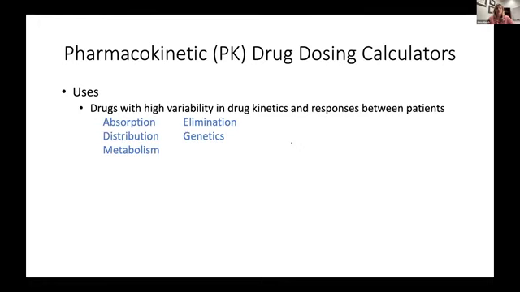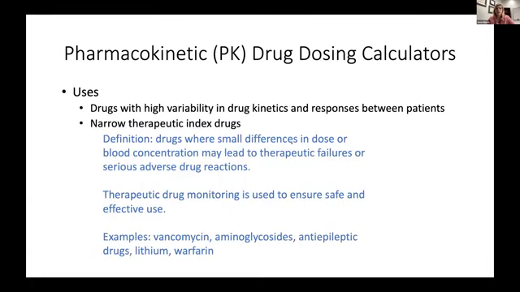And so this is going to lead to variable responses to the drugs between patients. We also use these calculators for narrow therapeutic index drugs. So for those of you who are not healthcare trained, these are drugs where small differences in dose or blood concentrations of that drug could lead to treatment failure if the amount is too low, or could lead to serious adverse drug reactions if it's too high.